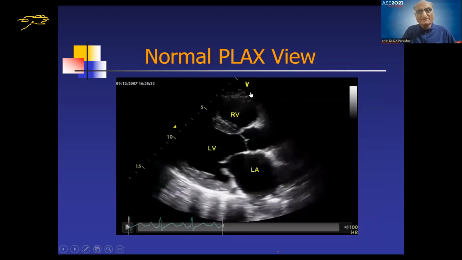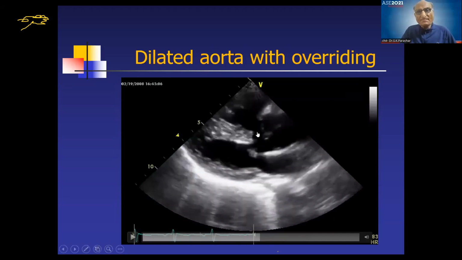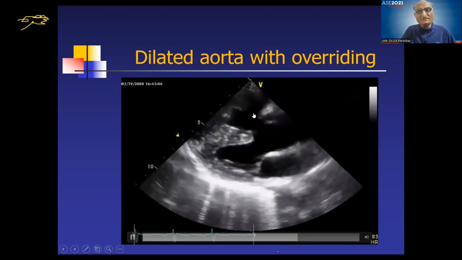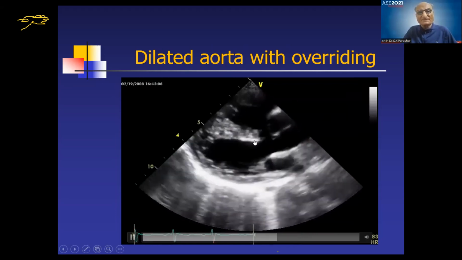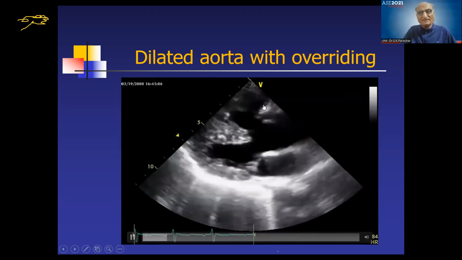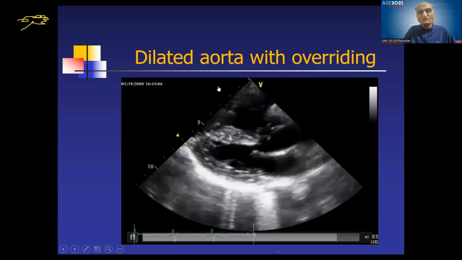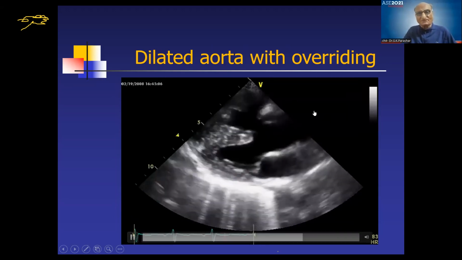But here you see the aorta is overriding. So what we see in these cases: number one, the presence of a right ventricular hypertrophy, the presence of a ventricular septal defect, and overriding of the aorta and a dilated aorta. Sometimes it is also known as a biventricular origin of the aorta.